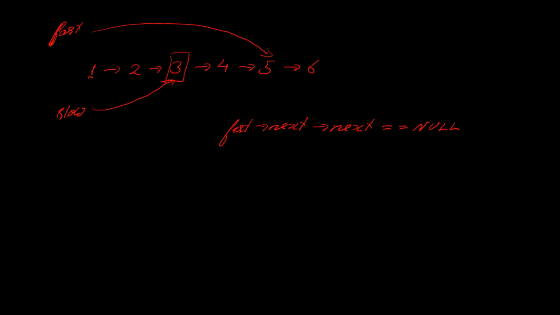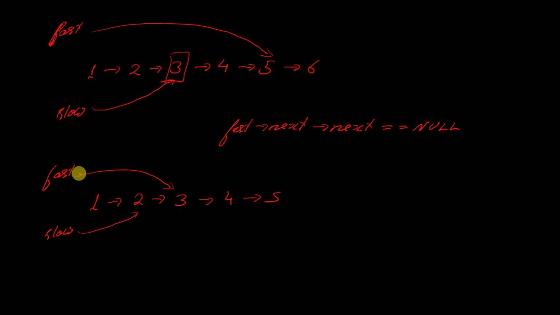Let's see for an odd number of nodes. Here is an example with 4, 5. The slow will point here, fast will point here. We have to increase fast by 2 and slow by 1. After increasing, fast will point toward this, slow will point toward this.